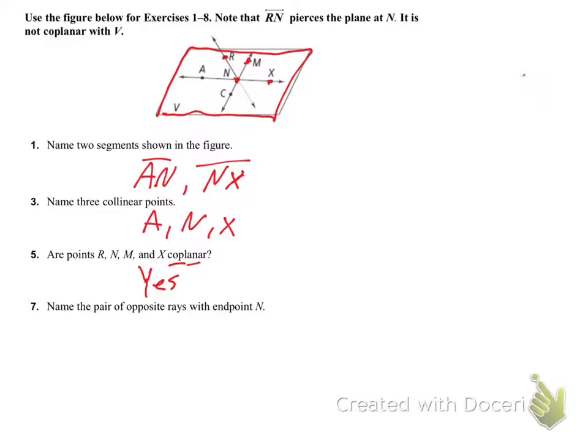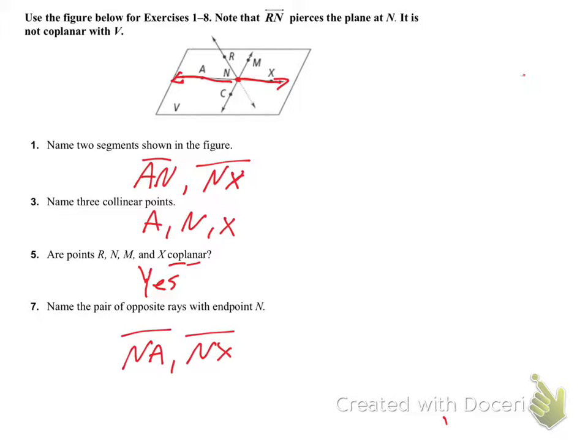7, name the pair of opposite rays with endpoint N. So I know a ray goes that way, so the opposite ray's going to have to go this way. So it'd be NA, and then NX.